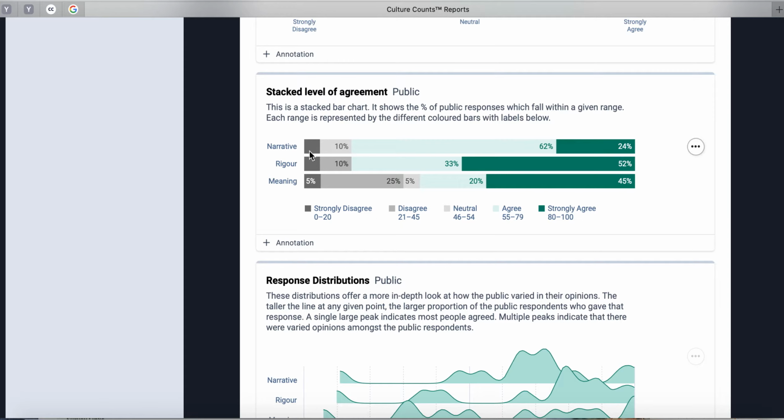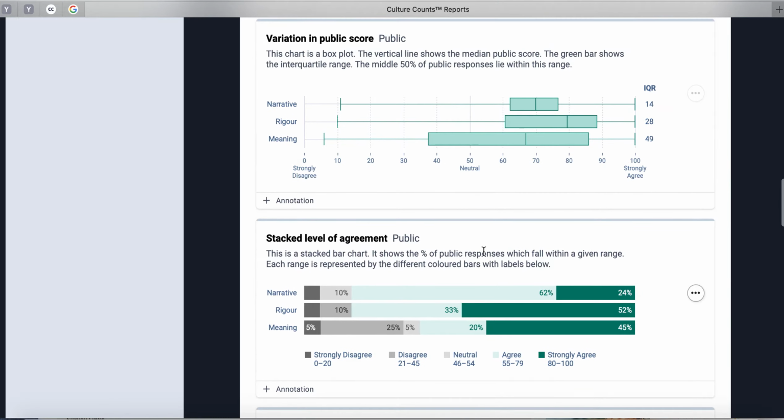Again, we can see that there's quite a variation here. The majority of responses seem to be in agree and strongly agree, but there's still quite a hefty proportion in disagree and strongly disagree. So that is reflected as well in this box and whisker plot.